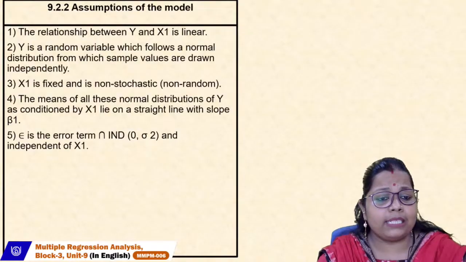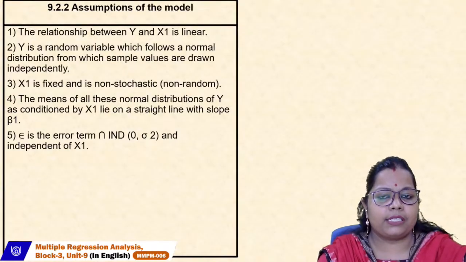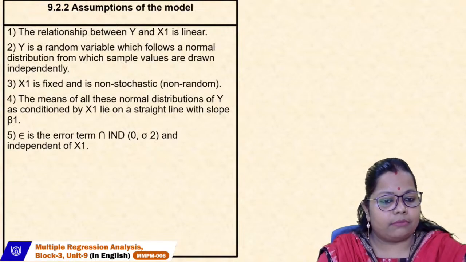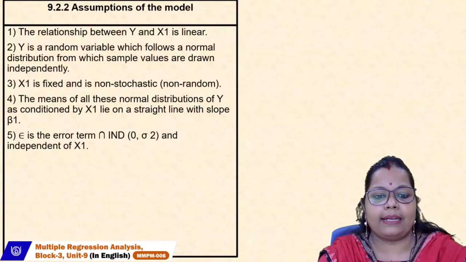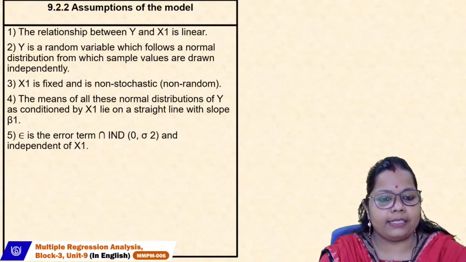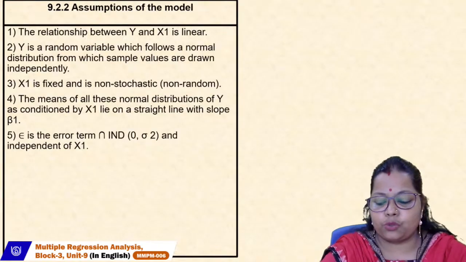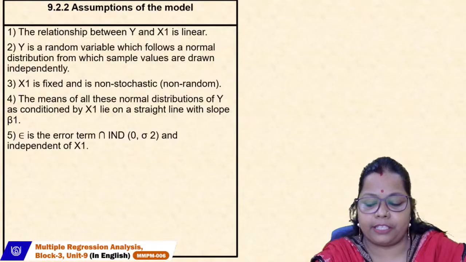And one more thing in the multiple regression analysis is epsilon, which is denoted as the error term, with the assumption that the mean is equal to 0 and the variance is sigma square, and it is independent of x1.